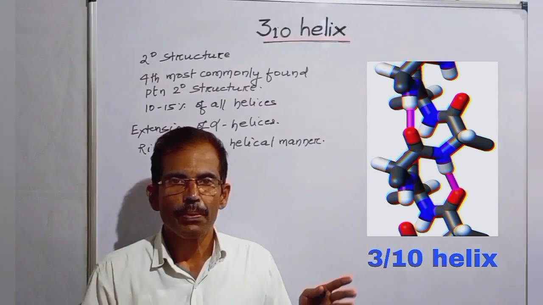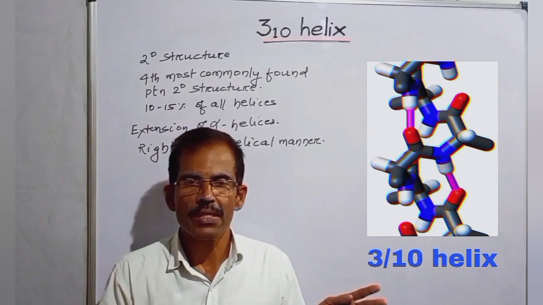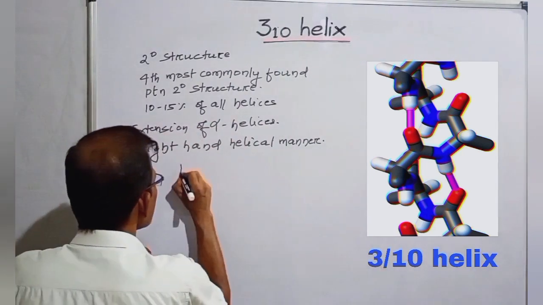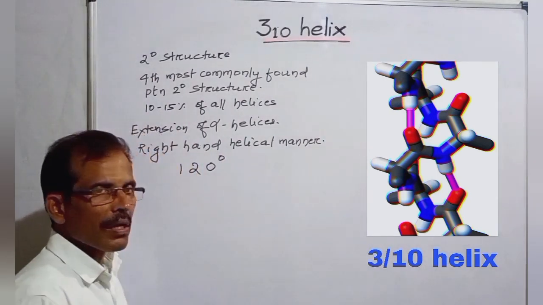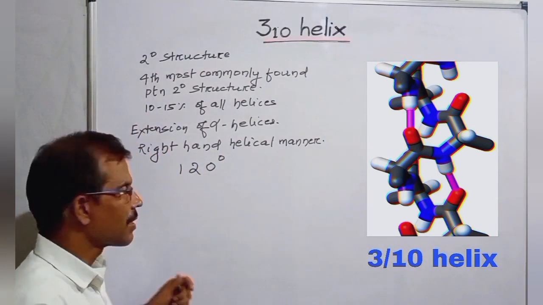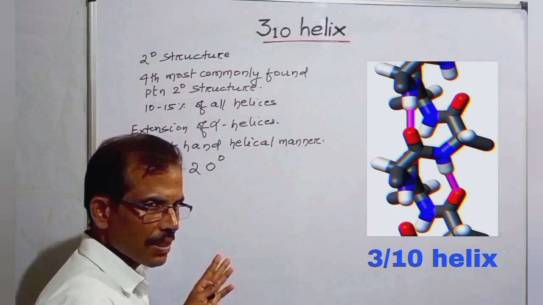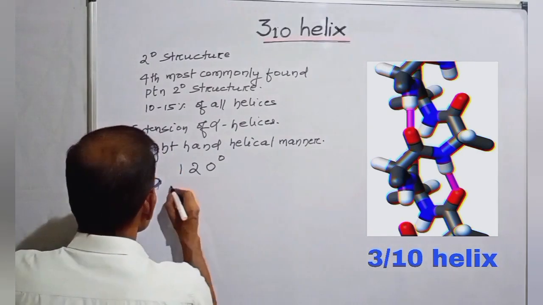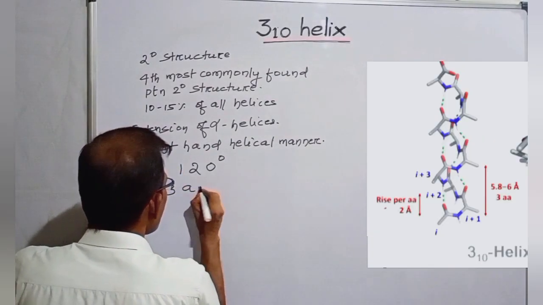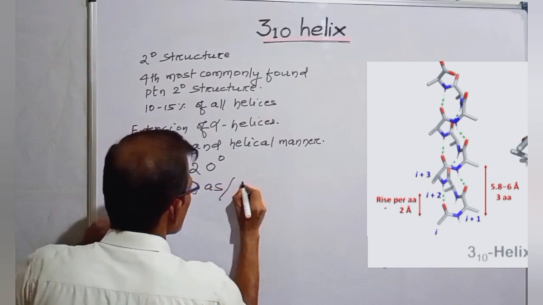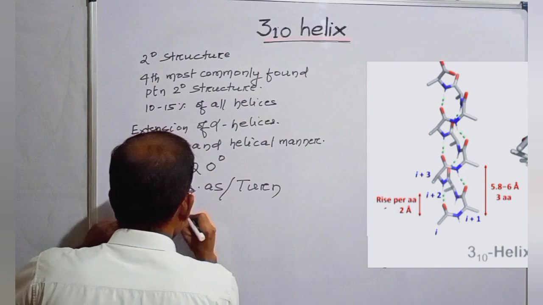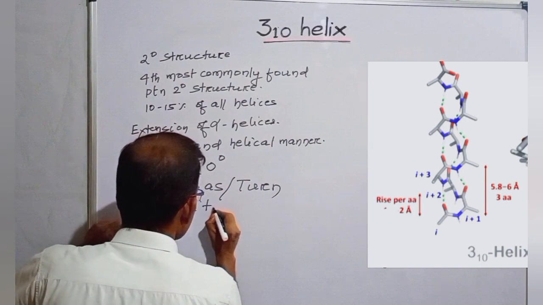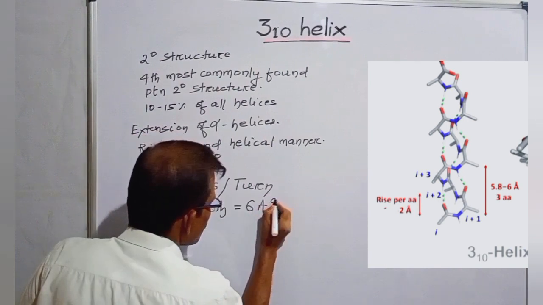In such type of helix, each amino acid corresponds to a 120-degree turn in the helix. One complete turn of 3 by 10 helix contains 3 amino acids. So there are 3 amino acid residues per one complete turn. And the pitch of the helix is 6 angstrom.